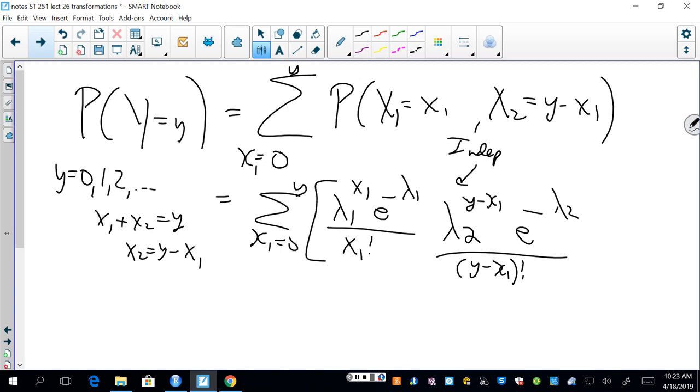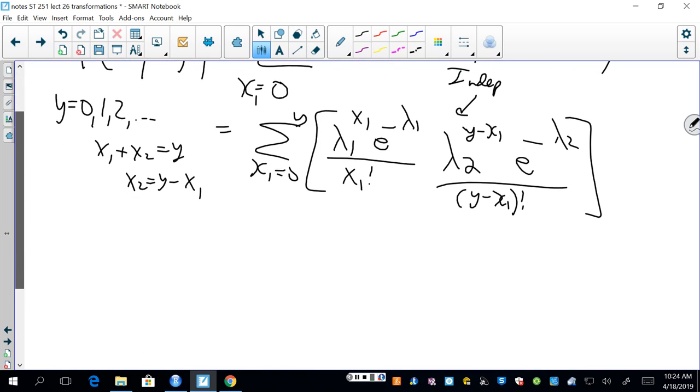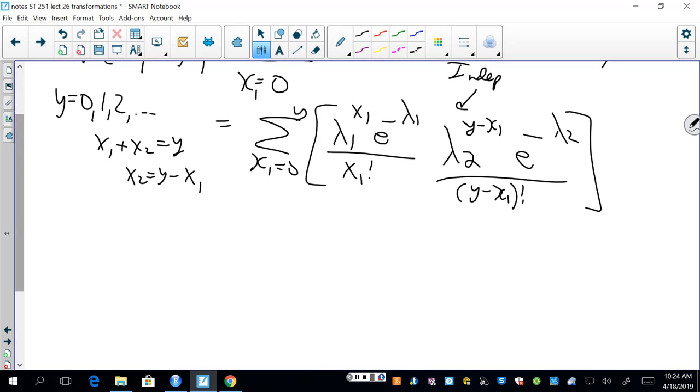And all of this is inside the summation. So this thing should simplify to become a Poisson probability, if it's really the Poisson distribution. So is it going to work out?